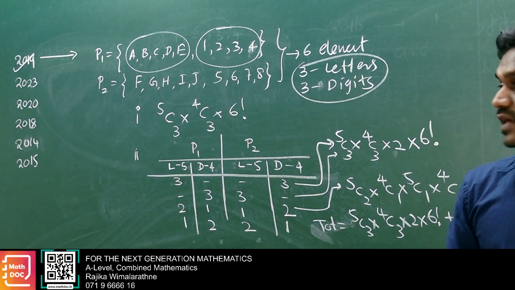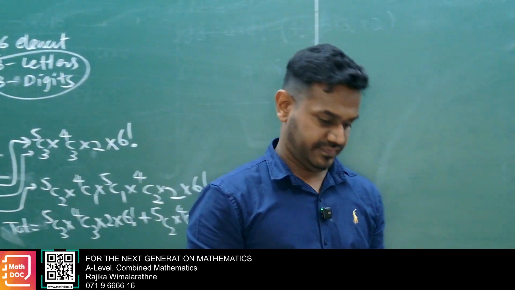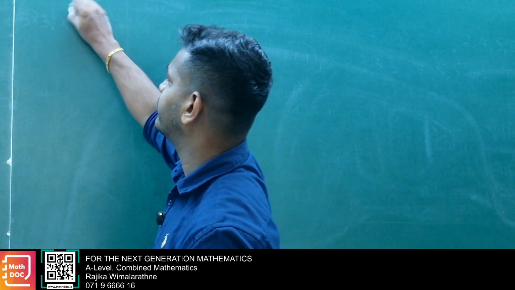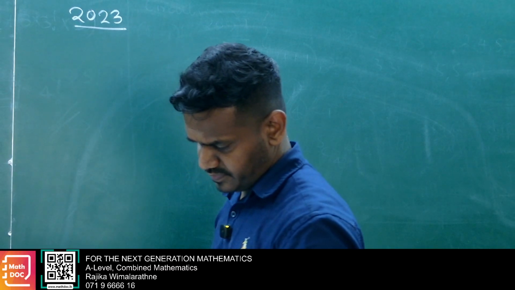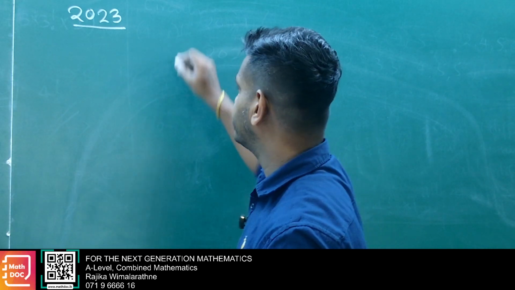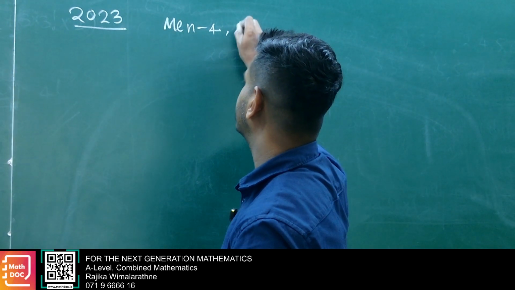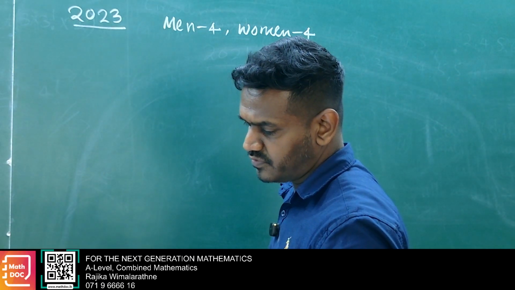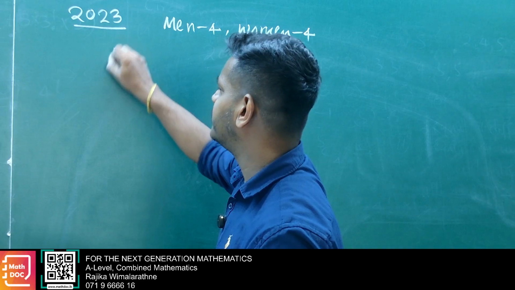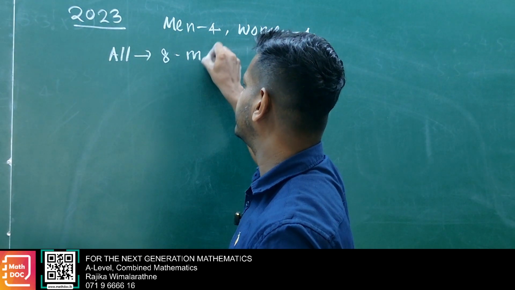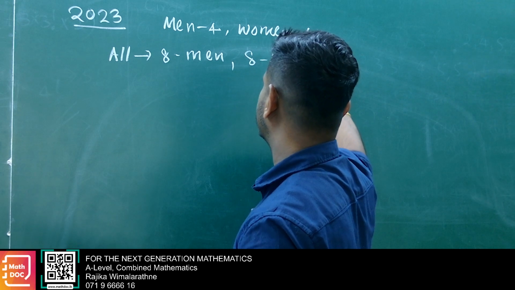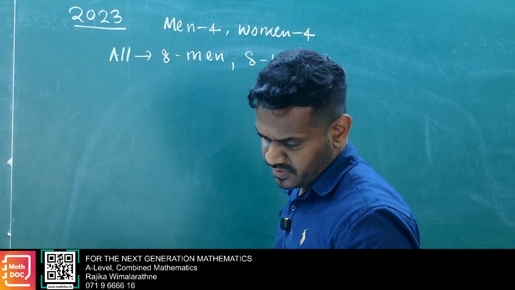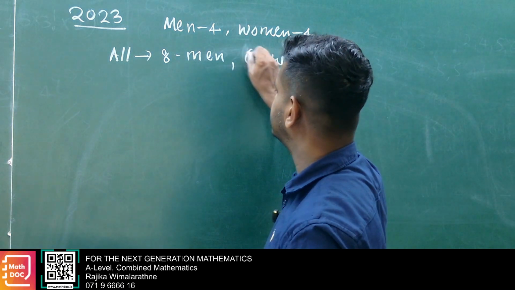Okay. Then 2023. Let's do 2023. Here, a committee consisting of 4 men, 4 women is to be selected from a group of 8 men and 6 women.